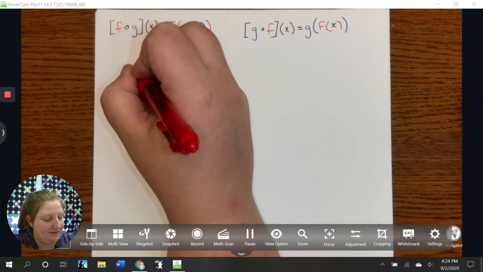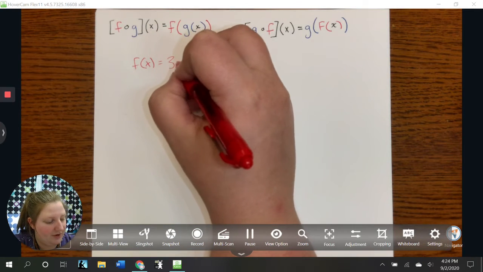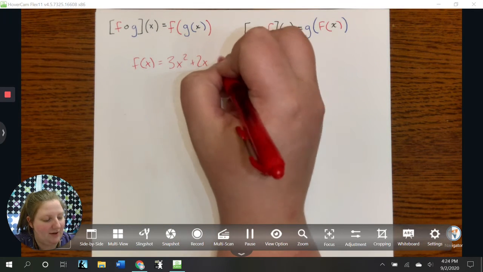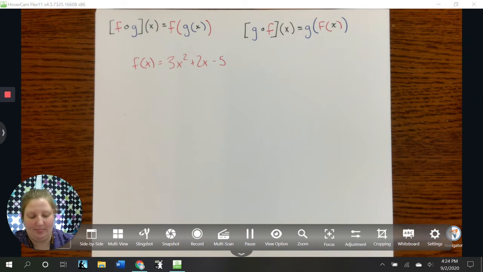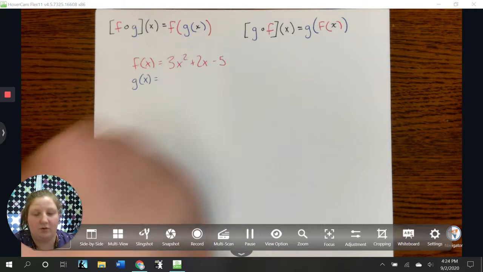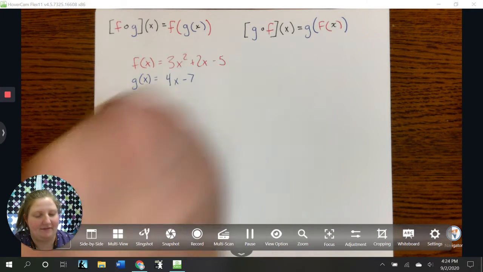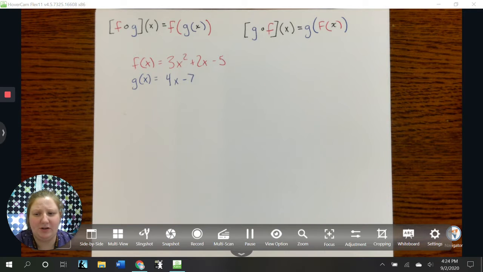But let's look at the function f of x equals 3x squared plus 2x minus 5, and g of x equals 4x minus 7. Okay? So we're going to look at these two functions.